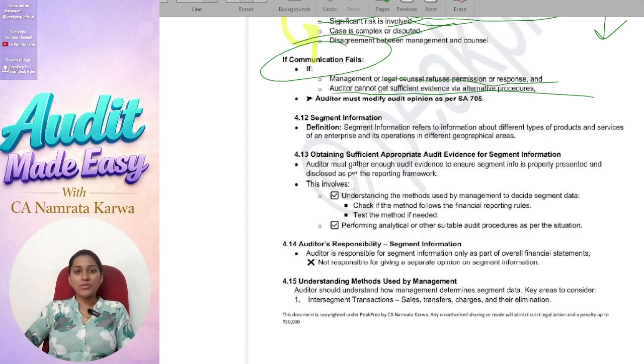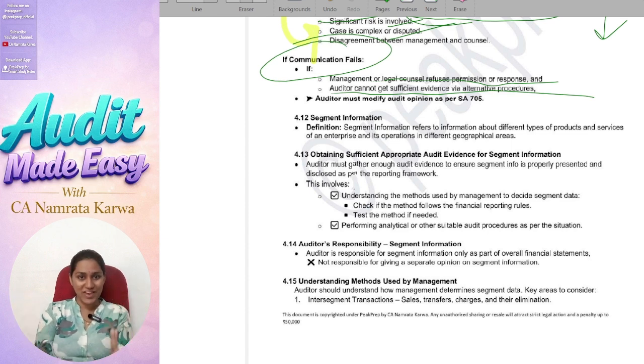We have tried everything: inquiring with management, with the in-house legal department, with external counsel, but no one is responding to us. Fine, I'm going to modify my audit opinion, and at the worst case, I can also give a disclaimer of opinion. Then accordingly, you suffer the consequences. The power is in my hand.